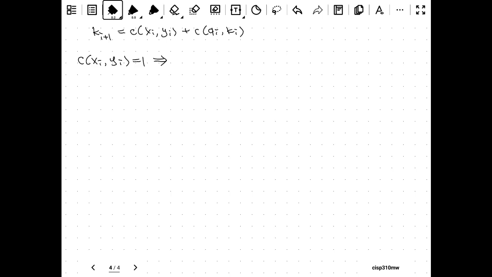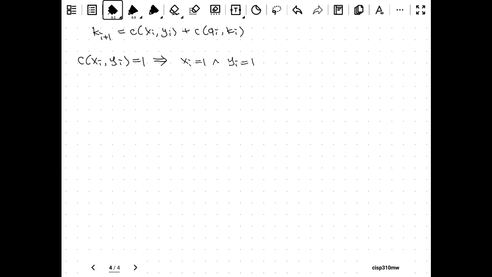Think about how C of xiyi is defined in base 2. It's a conjunction, right? So if the conjunction of xiyi is a 1, what can we conclude about xiyi themselves? They're both 1s. Very good. So xi is a 1 and yi is also a 1.